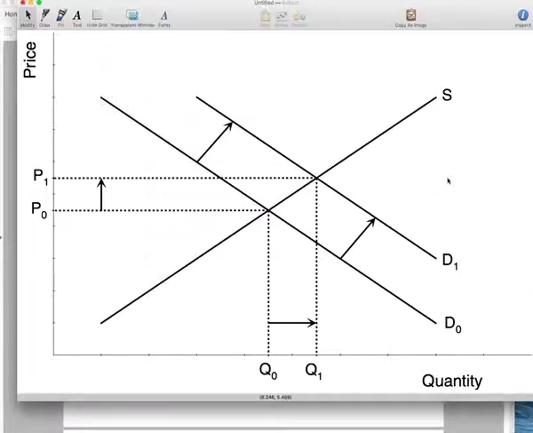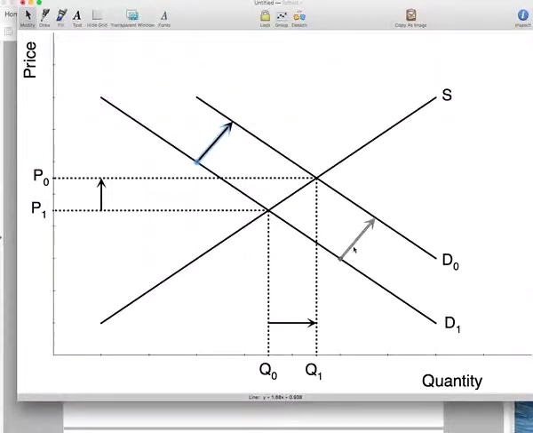So we handled those two scenarios. Let's take a look at the scenario where we have an increase in income for an inferior good. Let me rewrite these for you and change this around slightly. We're going to make the new equilibrium the original equilibrium, so let me make that a 0.